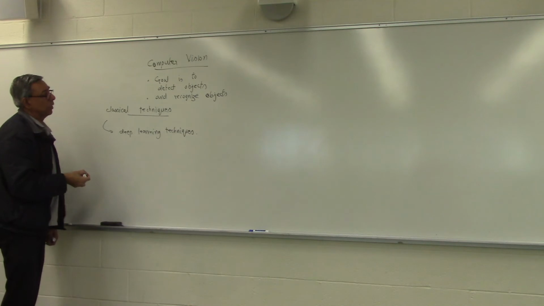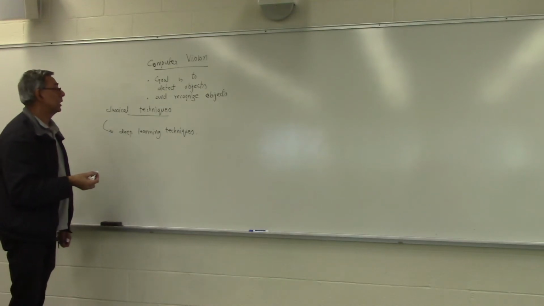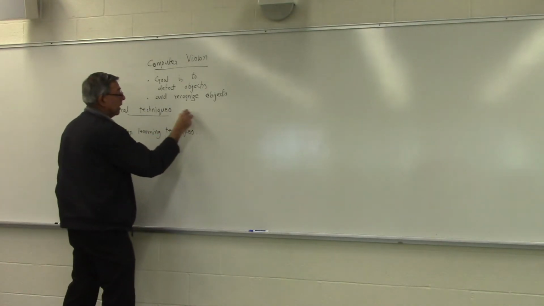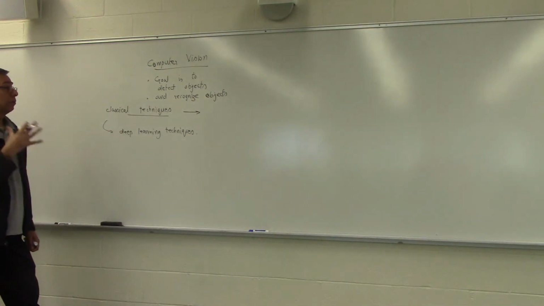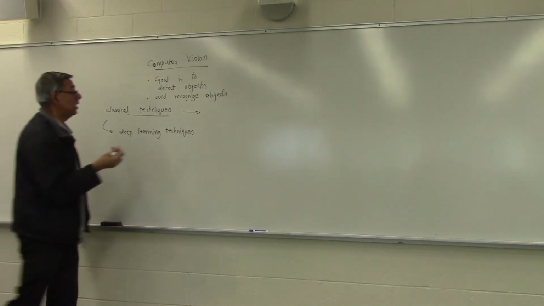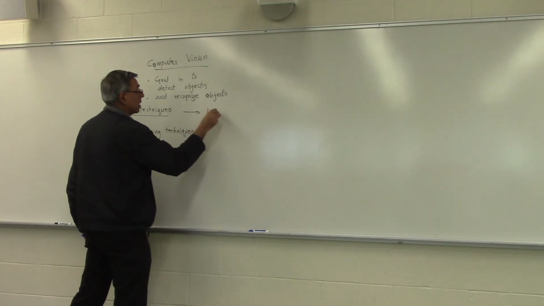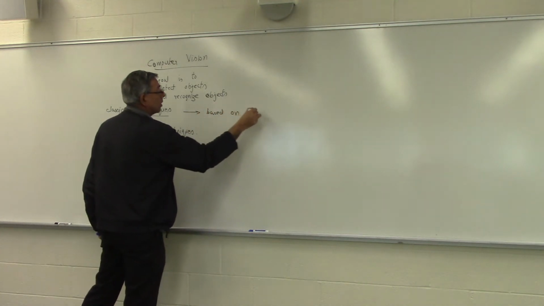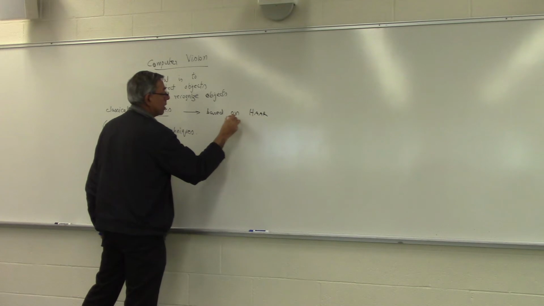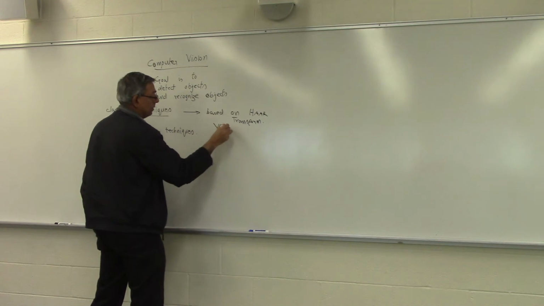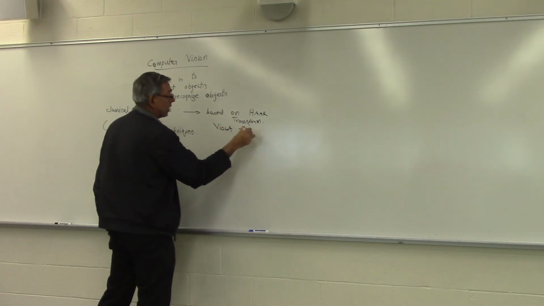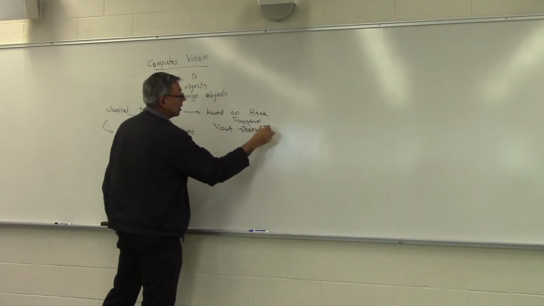So for example, let's take a look at object detection. A classical technique that we will cover the theory on in one of the Wednesday lectures will be based on the Haar transform, in the algorithm which is very famous, called the Viola-Jones algorithm.